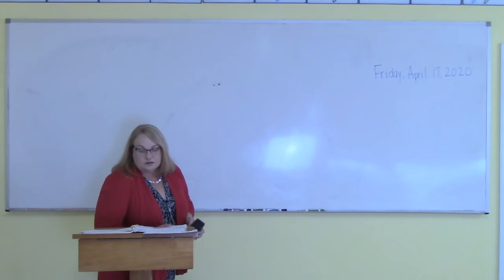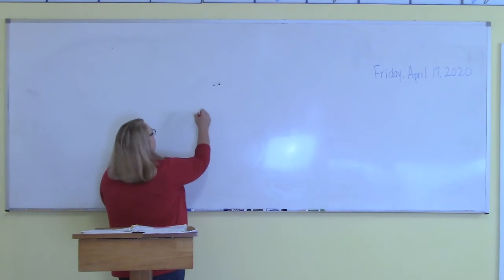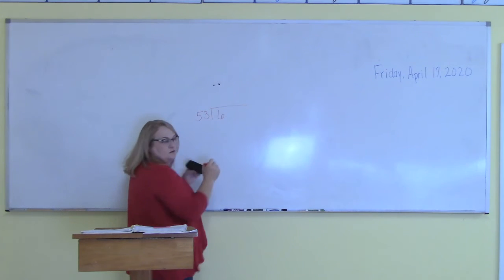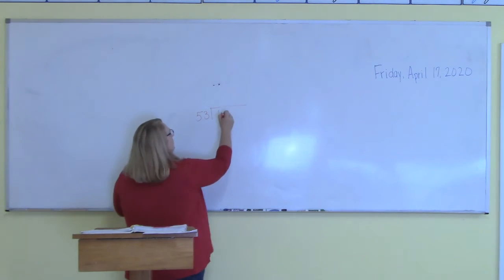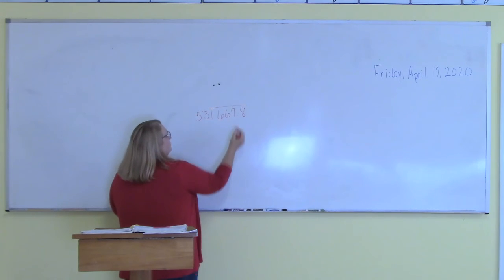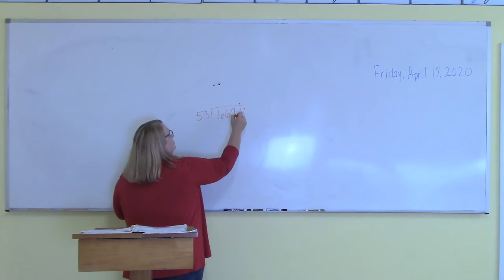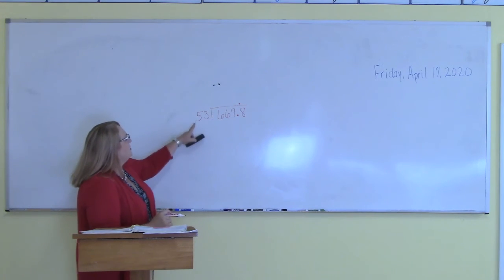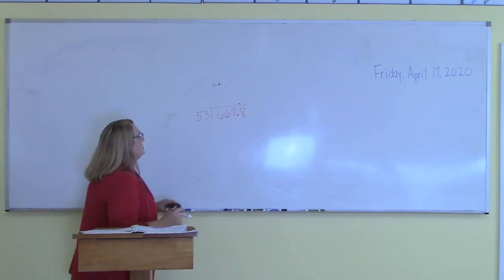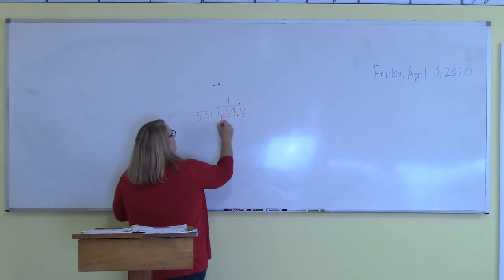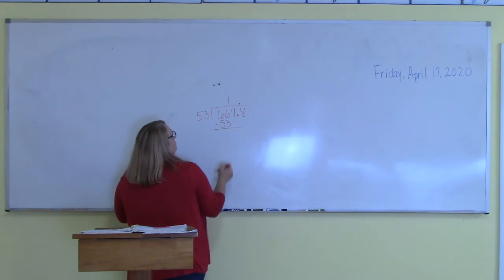Okay, let's look at B. 53 divided into 667.8. Move your decimal. Okay, how many times can 53 go into 66? 1 time. 53 times 1 is 53.